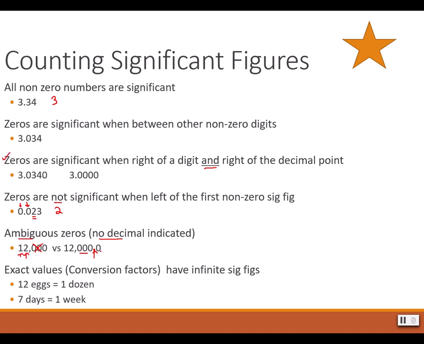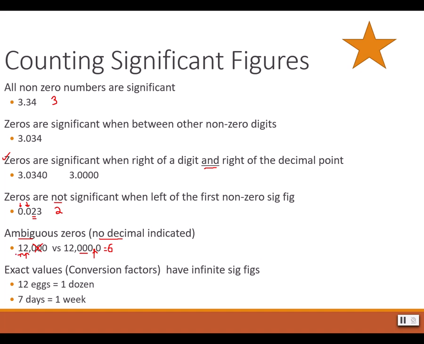This 0 here after the decimal is also significant due to this third rule. So while this first number has a grand total of 2 significant figures, all of these numbers, so 1, 2, 3, 4, 5, 6, this final number here has a total of 6 significant figures. Okay.